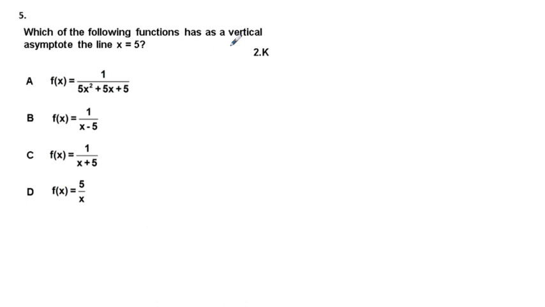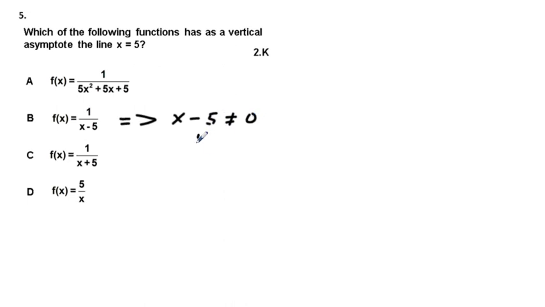Now this one: which of the following functions has as a vertical asymptote the line x equals 5? Well, in answer choice B, we can put our denominator and set it not equal to 0.